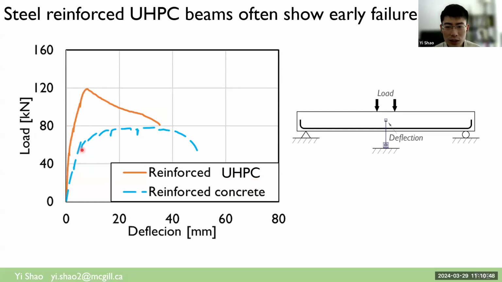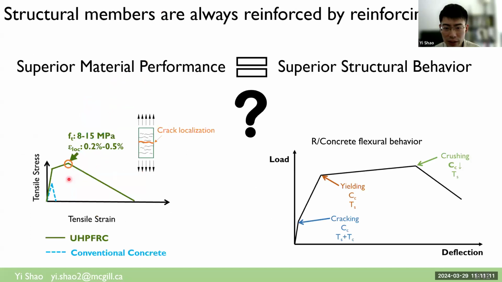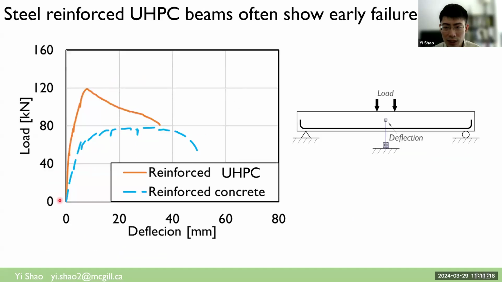So compared to reinforced concrete, reinforced UHPC shows higher load capacity as expected, because it has higher tensile strength as well as higher compressive strength. But what's surprising is that reinforced UHPC may actually show earlier failure than the reinforced concrete beam. And this is very surprising because if we go back to here, UHPC shows higher material ductility than conventional concrete.